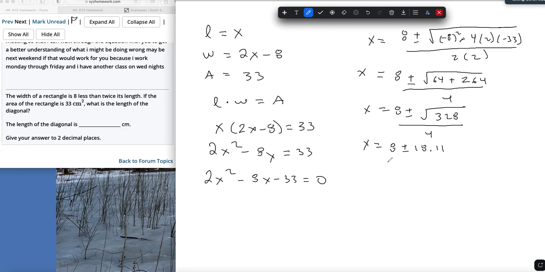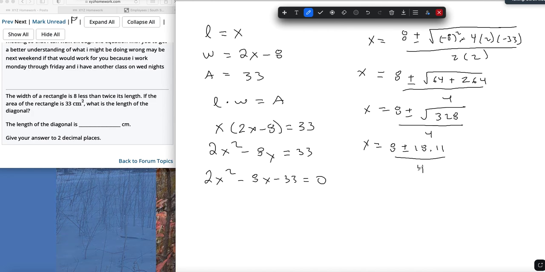So that's 18.11 over 4. If I go 8 minus 18, that's going to get me a negative number, so that's not going to help. So I'm going to go 8 plus this value, divided by 4, and see where that gets me. So 8 plus 18.11 is 26.11, and then divide that by 4.